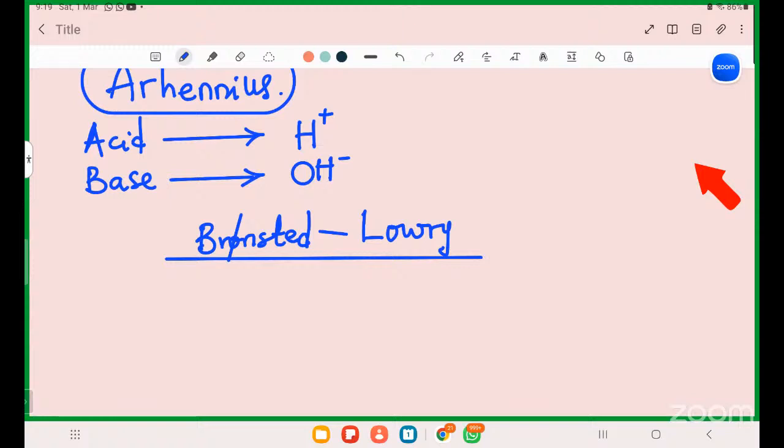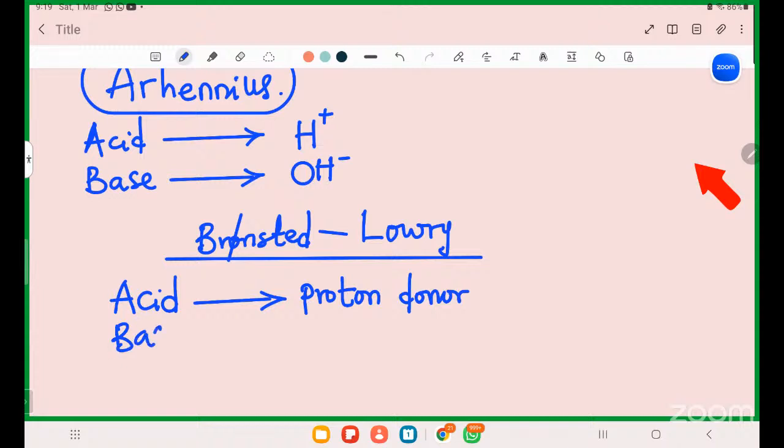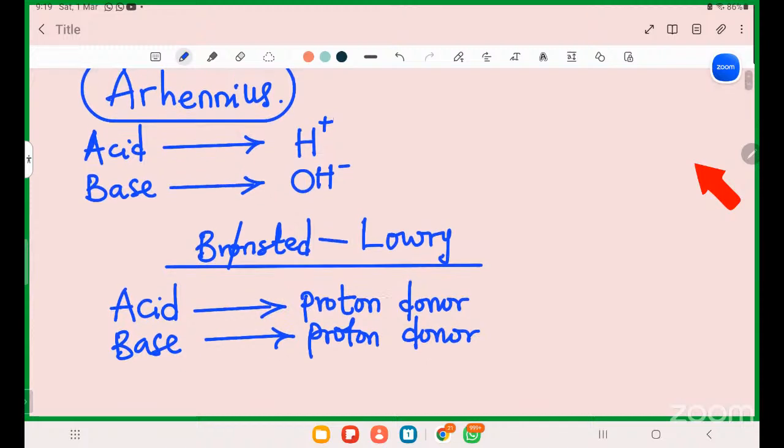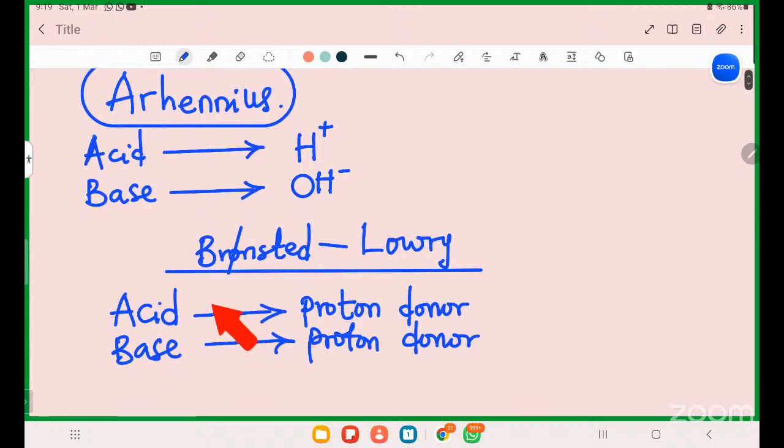They said an acid is a proton donor, okay? And a base is a proton acceptor. So they gave us the definition of acid and base with respect to proton. Those are the contributions of these scientists.